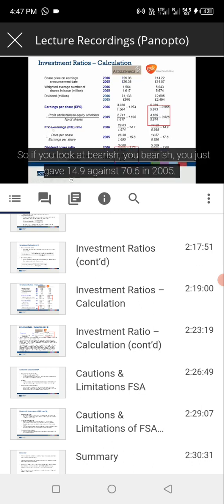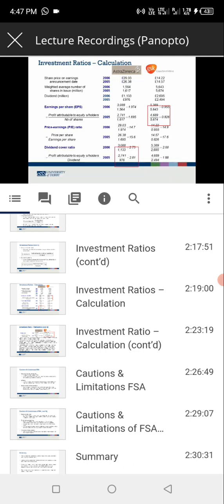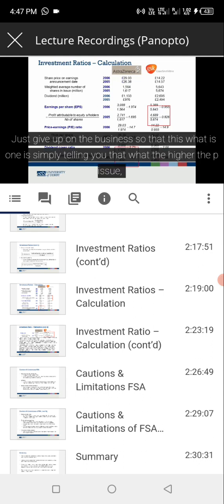So if you look at PE ratio, GSK is 14.9 against 17.6 in 2005, while AZ 14.7 against 15.6. So here, PE ratio, GSK is what? Is better. GSK is performing better.